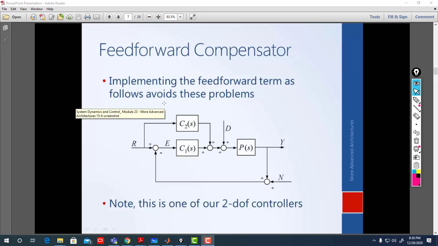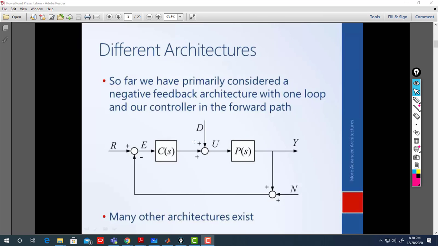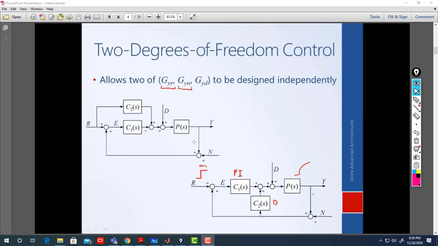But what about the feedback compensation, by which I mean the controller which is in the feedback loop here? How to design this controller? Up to now we didn't see examples on how we design this controller.